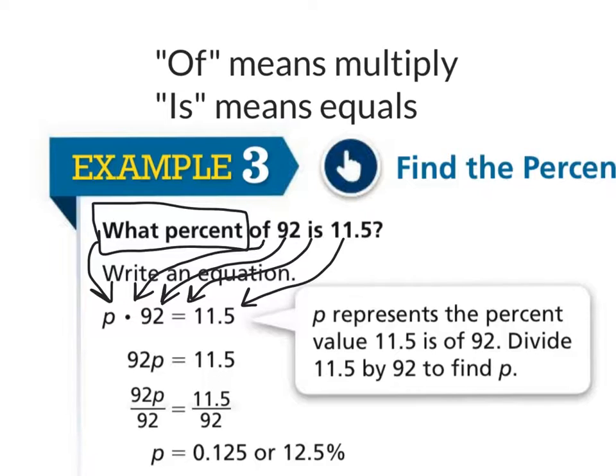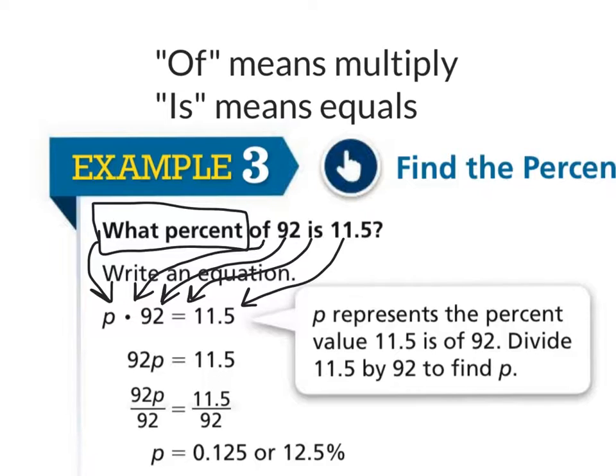Once we translated it into an equation, the book rearranges it. You don't have to rearrange it like they did. Basically, our goal is getting that variable by itself. Like we've talked about before, when you're solving an equation, trying to get the variable by itself, we do the opposite operation. On the left side, the P is being multiplied by 92. To get rid of that, we divide by 92.